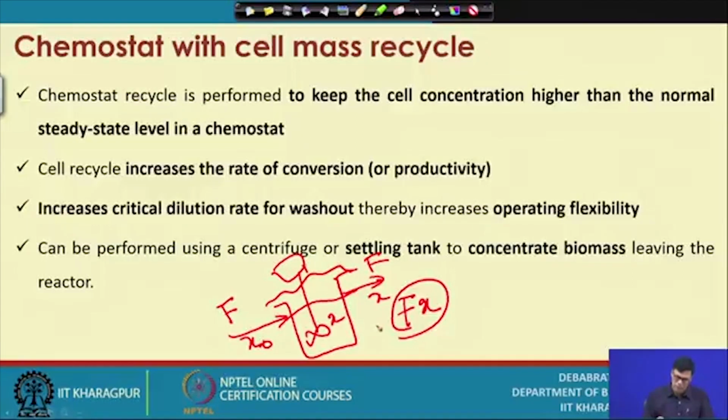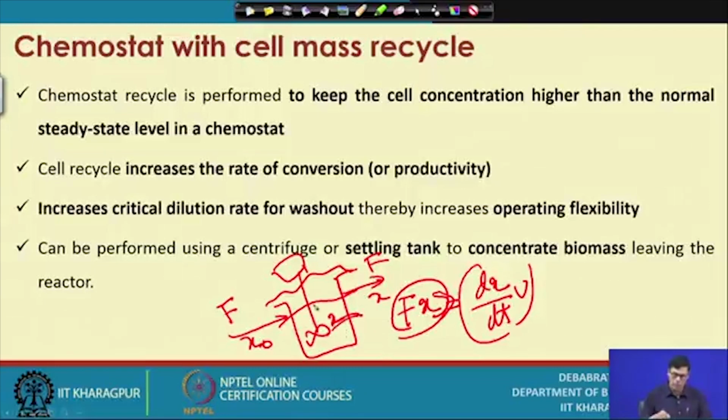If this is equal to the rate of growth of the cells inside the reactor, then it is fine. Otherwise, if the wastage is more than that, the cell concentration will decrease with respect to time, and a time will come when there is no cell present in the reactor.